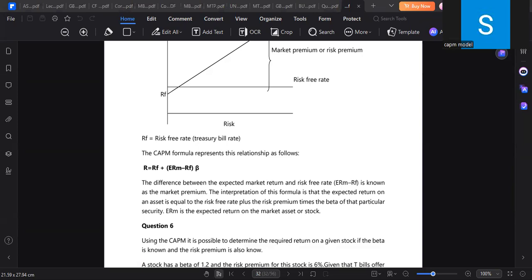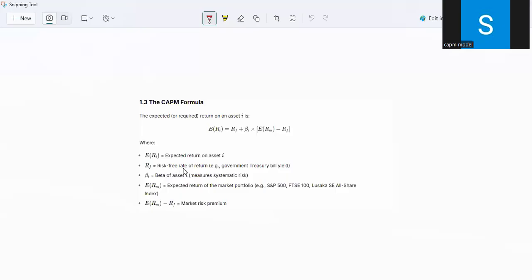Very simple looking and widely used. So the parameters can be explained as follows. So the expected return, ER, is the expected return of the asset that you want to compute. Then RF is a risk-free return that can include government treasury bill. Then B stands for beta of the asset, which measures our systematic risk.